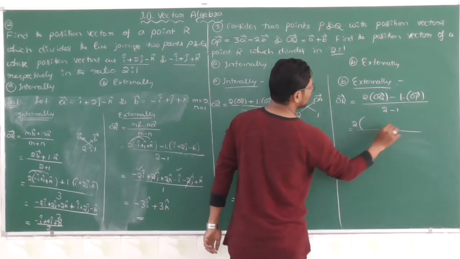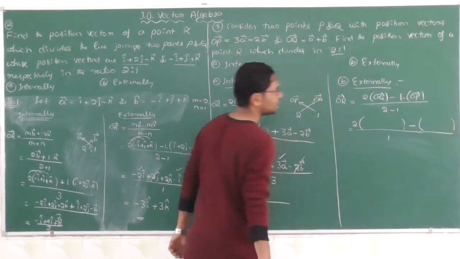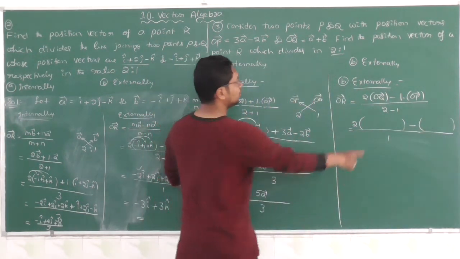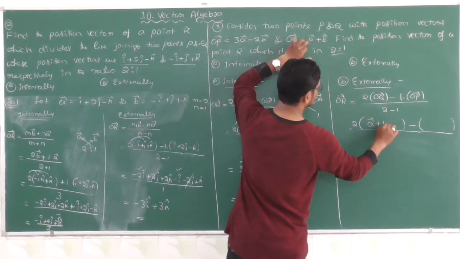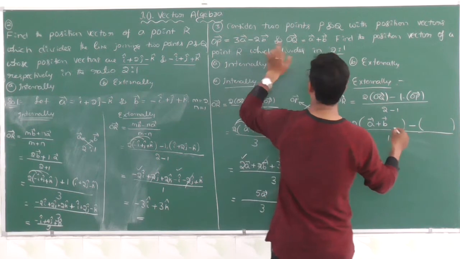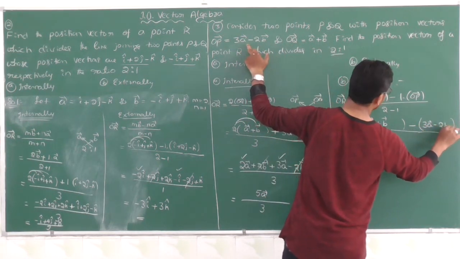OQ vector is A vector plus B vector. OP vector is 3A vector minus 2B vector.